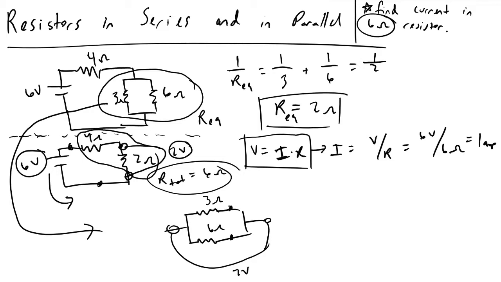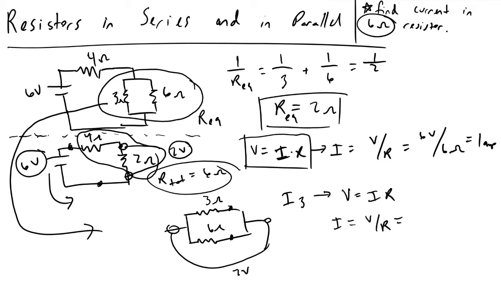And so if I wanted to determine the current on the 3 ohm resistor, I could do so following Ohm's law again. So we had V equals IR, and in this case we want to know I, so we solve for I is equal to V over R.